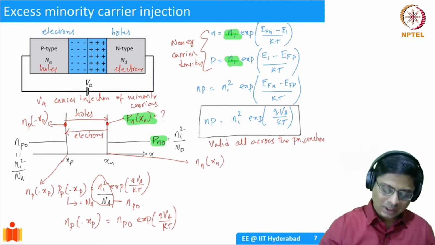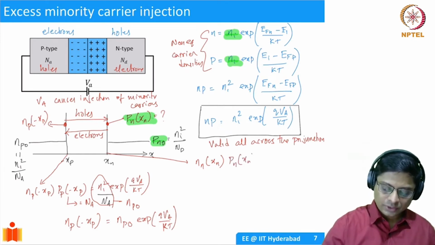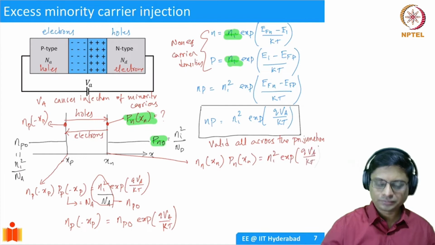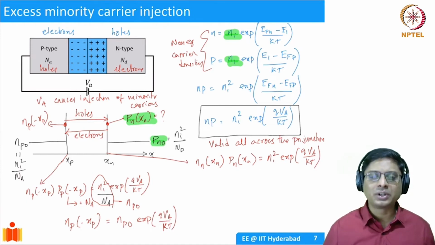At that point, electrons multiplied by the holes in the N-type semiconductor at xn should be equal to ni square exponential of qVA by kT. So this is my law of the junction. Basically, the np product should be equal to ni square exponential of qVA by kT. When VA is 0, it becomes the equilibrium situation, np equals ni square.